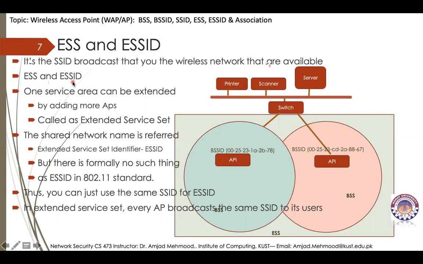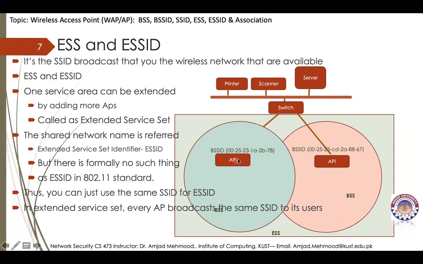ESS and ESSID. One service area can be extended by adding more access points, called an extended service set. Here you can see that we have this BSS and we have one more BSS, and we have combined these two into one ESS. So we call it an extended service set.